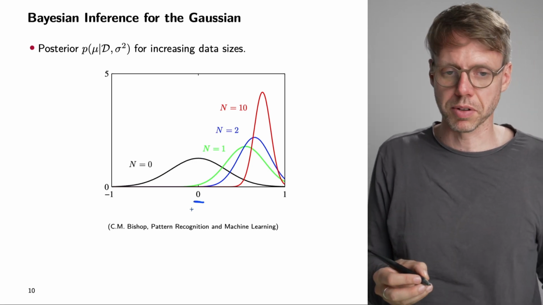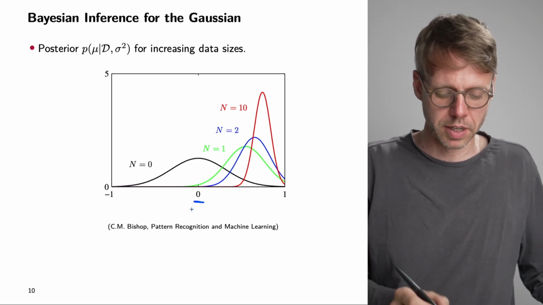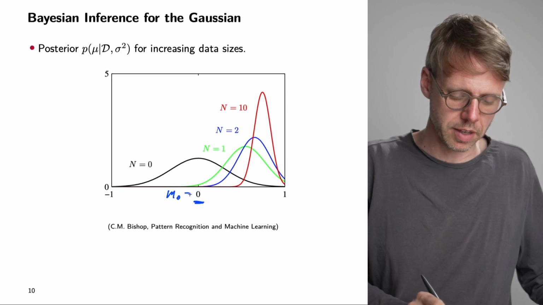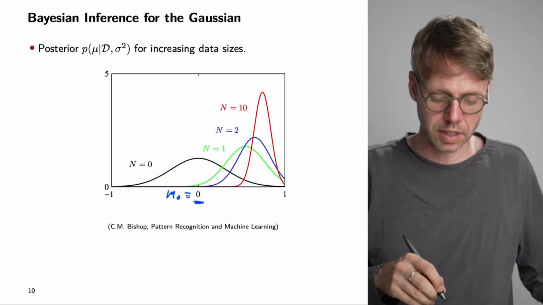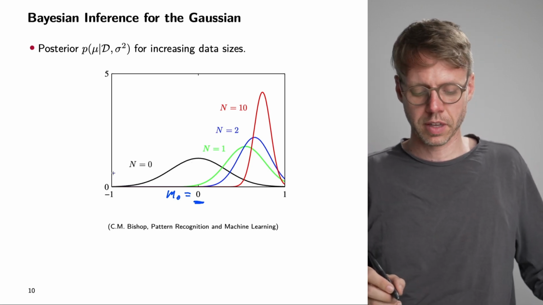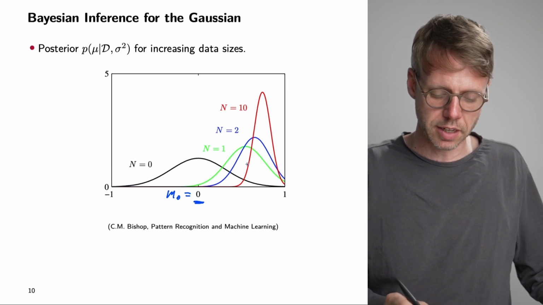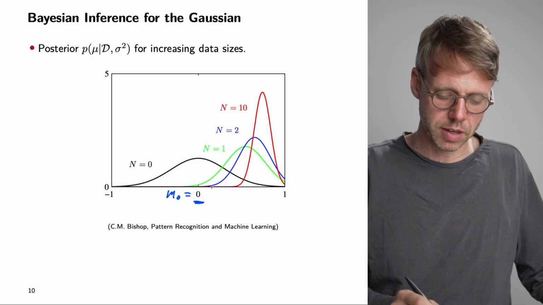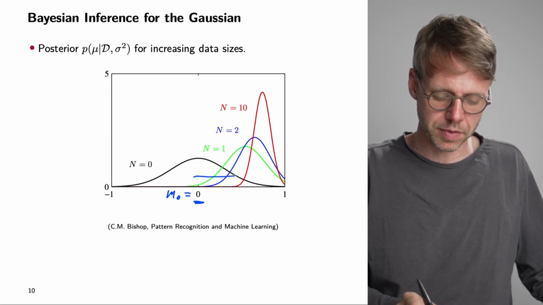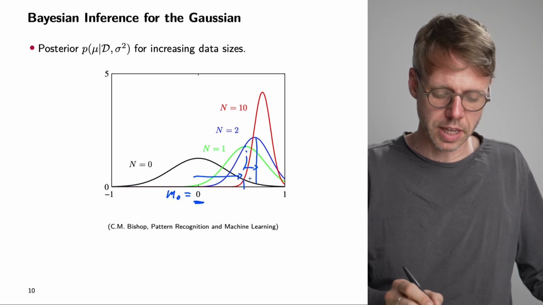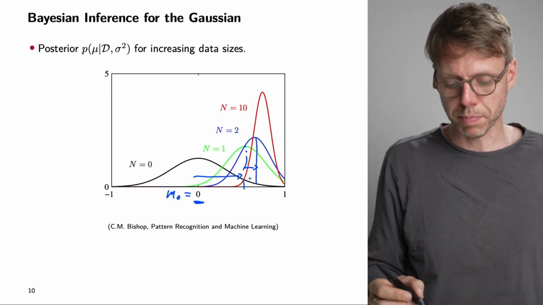If we don't know anything about the mean, it's sensible to assume that m0, the prior mean, is equal to 0 with some wide variance. Now, as we observe more data, this posterior distribution moves away from 0 to a new mean. If we observe a second data set, it moves more away from 0, and at the same time it becomes more peaked.